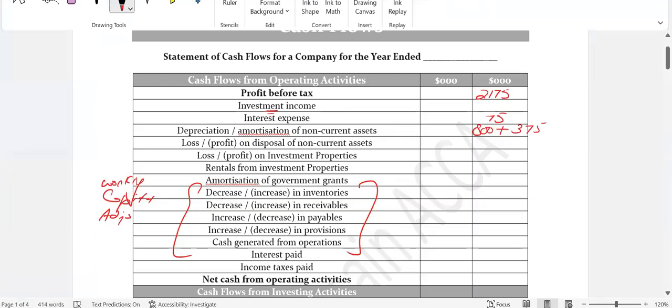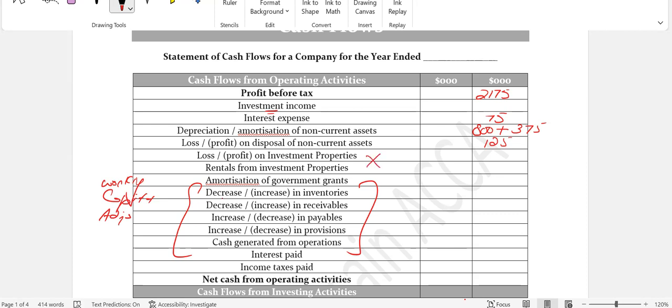So we simply add back the loss. If you know the concept of the cash flow and remember the format, you just need to plot the figures into the question and that's it. So we are done with the profit before tax, finance cost, depreciation, amortization, and the loss on the disposal. Then we don't have any investment property within the question, so we just skip it.